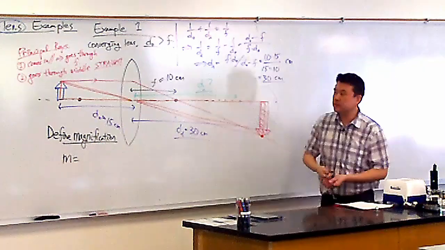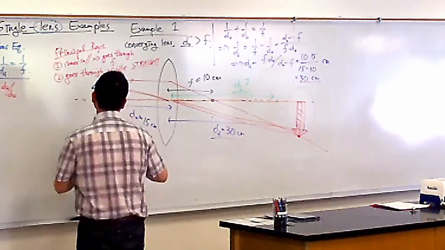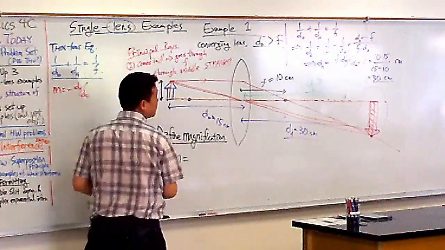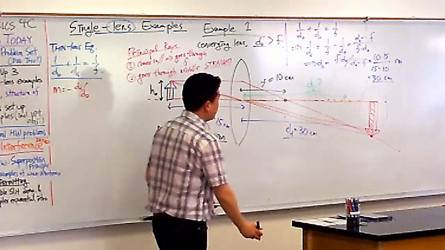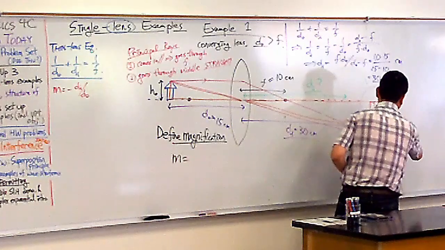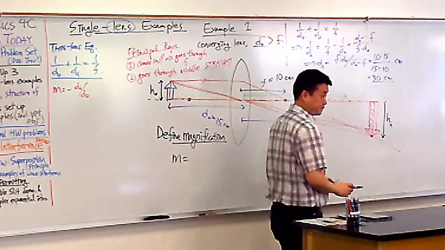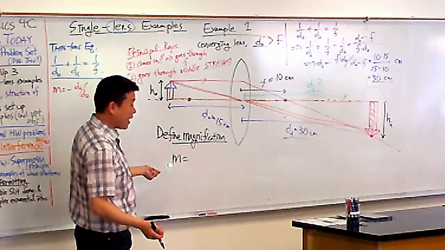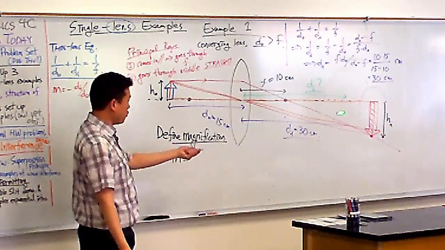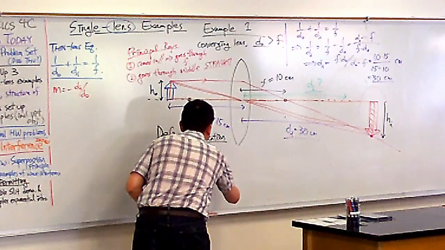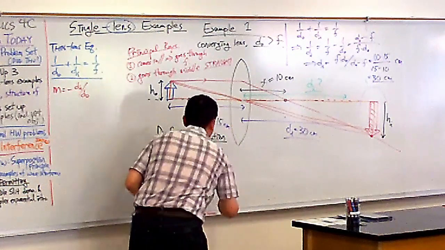So let me just give it some labels. Let's say this is my object height, and this is my image height. Good? So my magnification M is the ratio of these two: the height of the image divided by the height of the object.